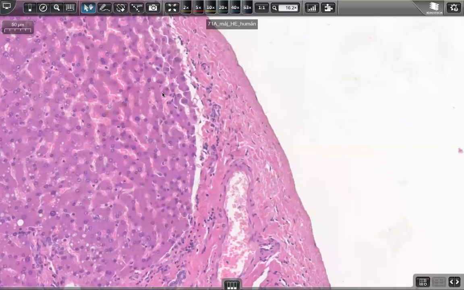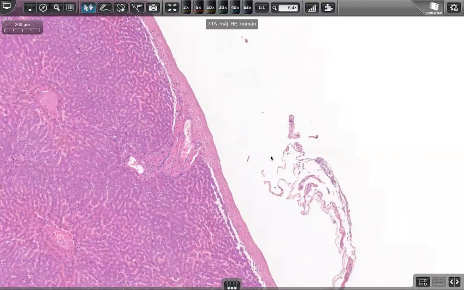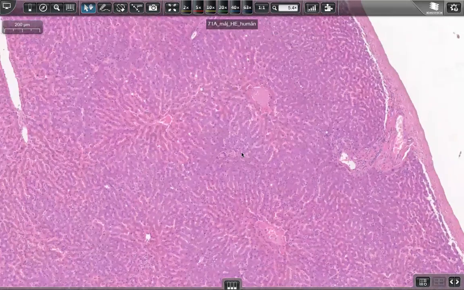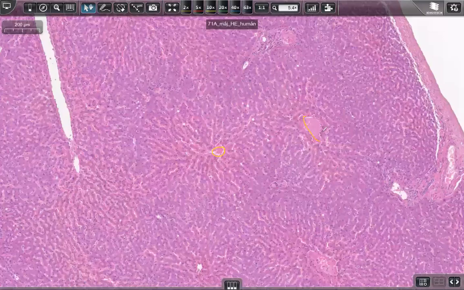Now let's focus on the tissue. So I think it's good. So look at that, just looking at this view. Here we have something in the center, and there is another one, here we have another. So some holes are present.